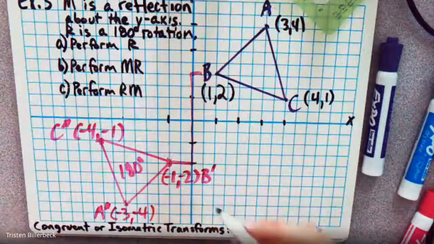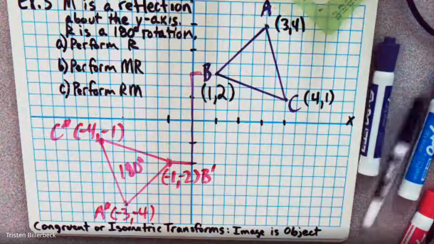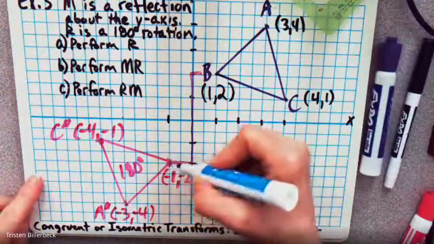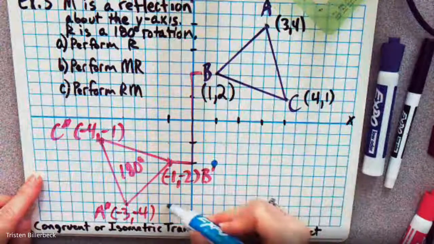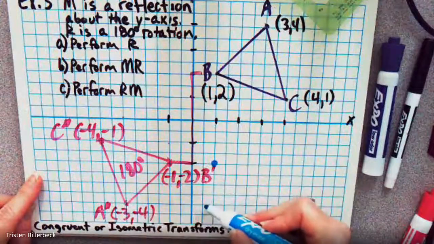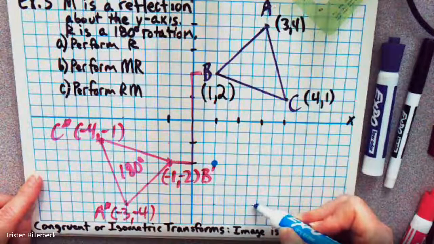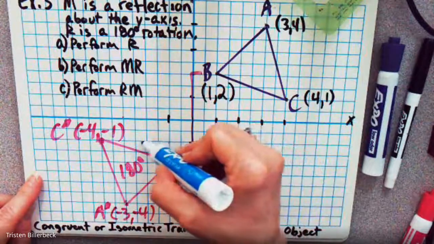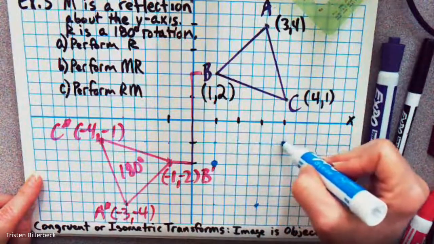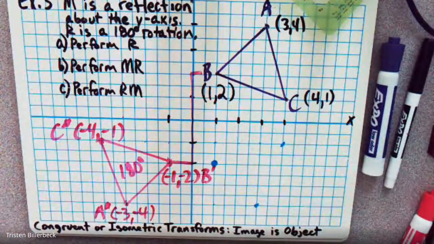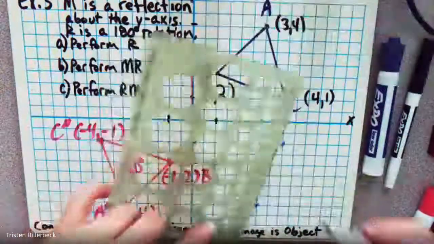So if we remember, they're equidistant. So if this is 1 here, this is 1 here. If this is 1, 2, 3, then 1, 2, 3, boom. If this is 1, 2, 3, 4, then this is 1, 2, 3, 4. Well, that was much easier.